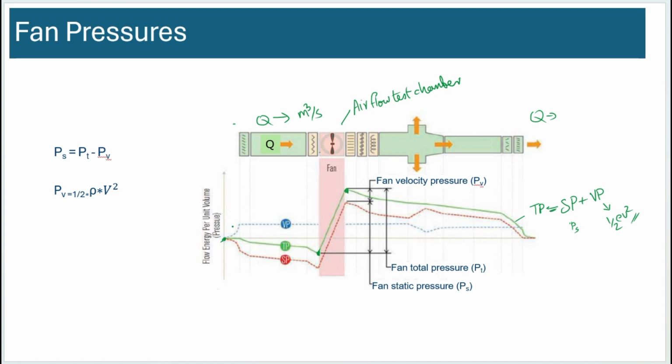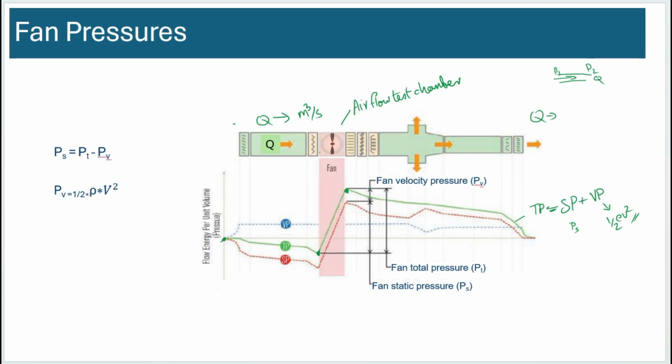Now, how will the pressure be distributed from the inlet to the outlet of this airflow test chamber? For the flow to happen, there has to be some delta pressure, right? Typically, when you have a flow through a pipe and you have a certain Q here, typically P1 is greater than P2, right? Because there's a high pressure, it drives the flow. In this case, because the work generating device is in the middle of the duct, the pressure distribution looks something like this.